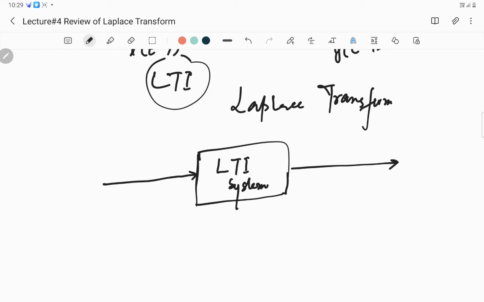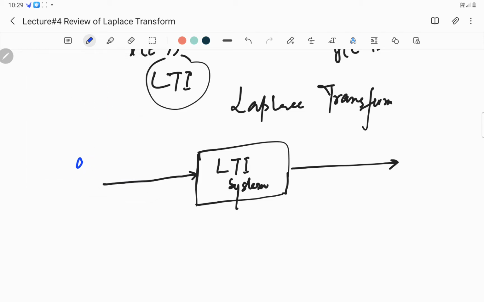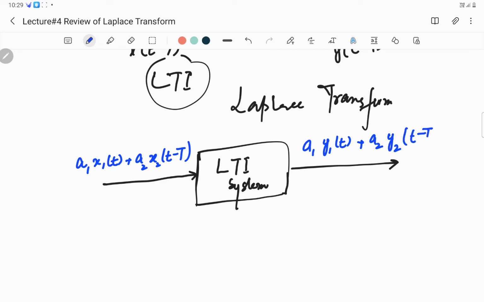Now if the input we apply is a1 x1(t) plus a2 x2(t minus T), the response would be a1 y1(t) plus a2 y2(t minus T).